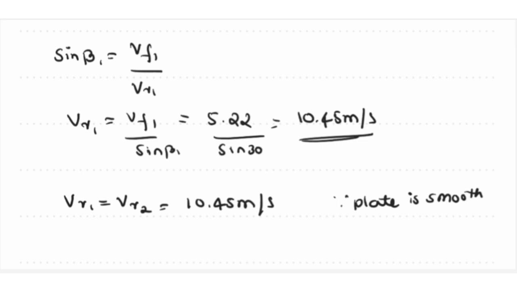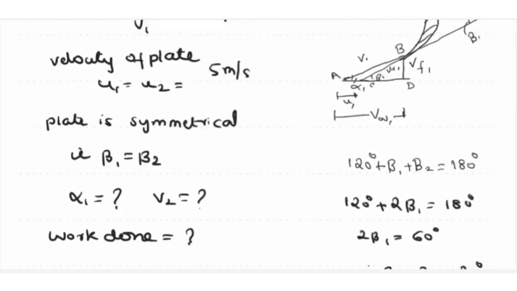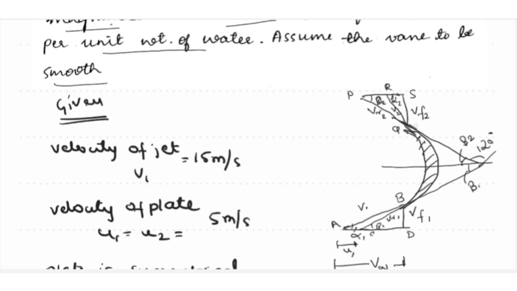So coming to the outlet triangle. So now we have the shift from inlet triangle to the outlet triangle. In this we know VR2 is known here. So here this will be U2 and this will be VW2.